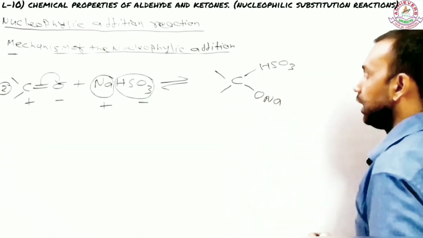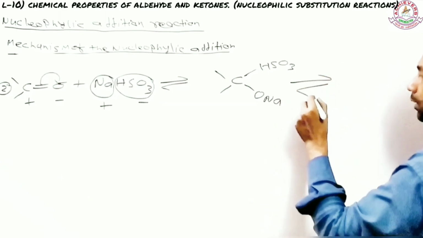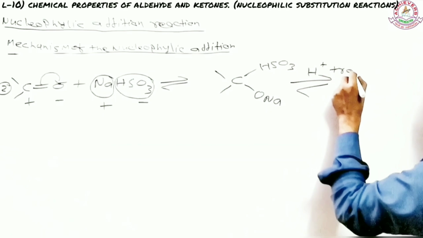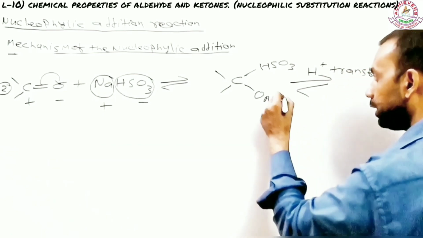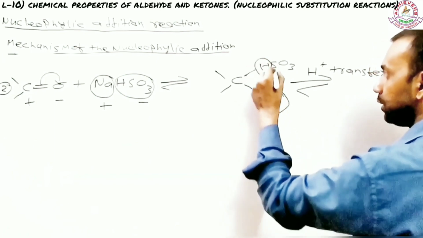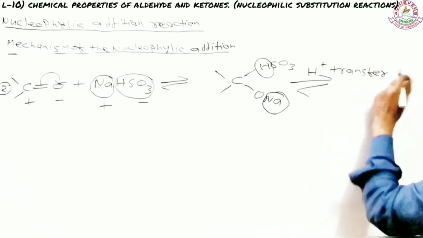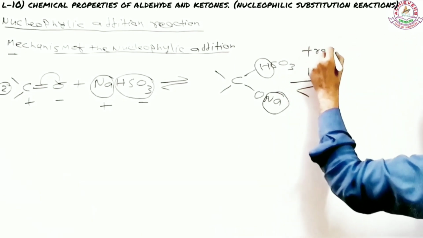ONa. Now in the next step, there is proton transfer, H plus transfer. What does transfer mean here? Transfer means that sodium and hydrogen exchange their positions. I'm writing transfer of proton right here.